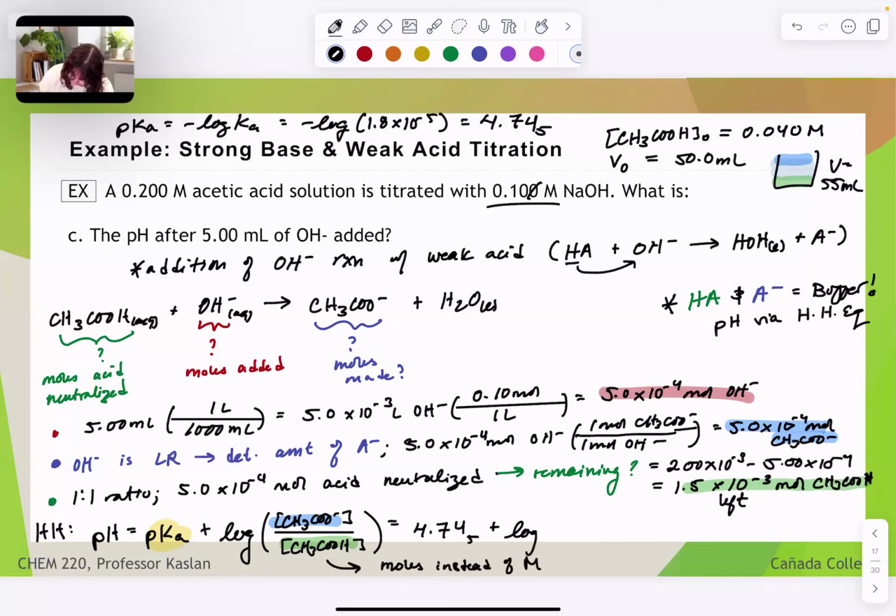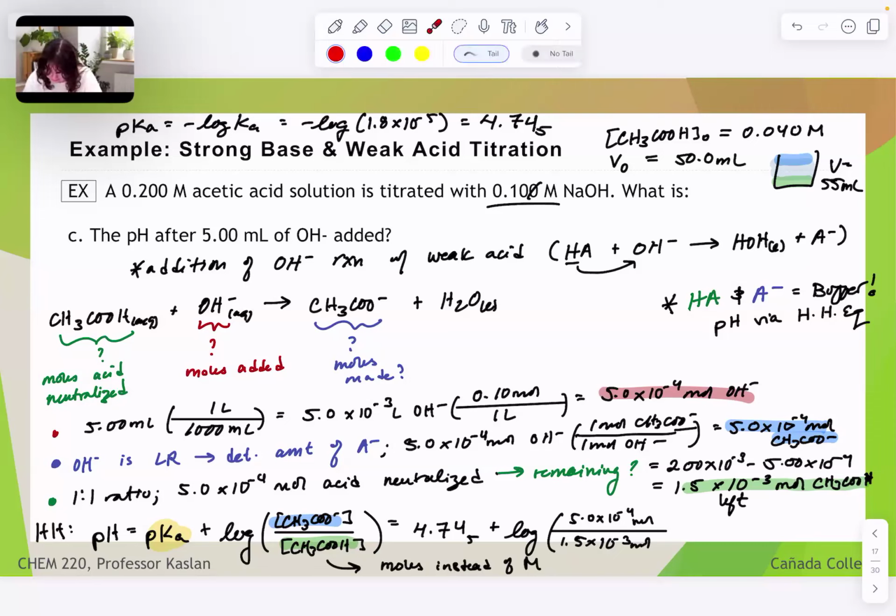So now my pH is going to be my 4.745 plus the log of conjugate over original. So 5.0 times 10 to the negative 4 moles over my 1.5 times 10 to the negative 3 moles. I do not expect to see a huge change in my pH here because I have a pretty small amount of my conjugate that's been made.